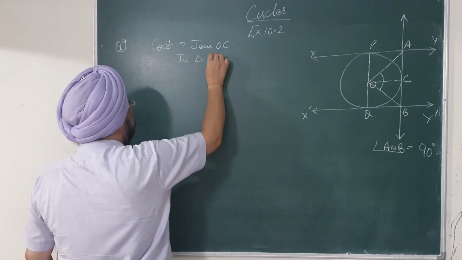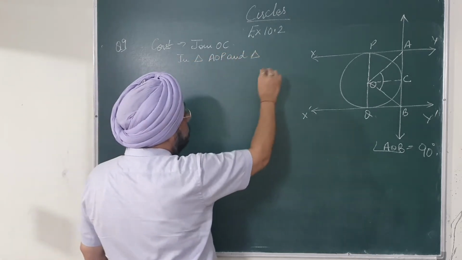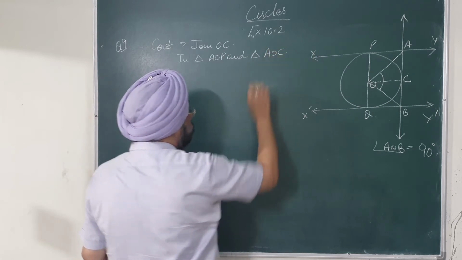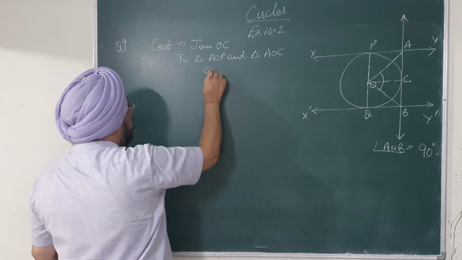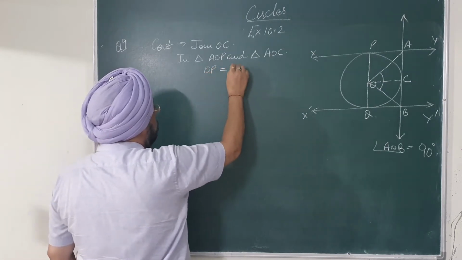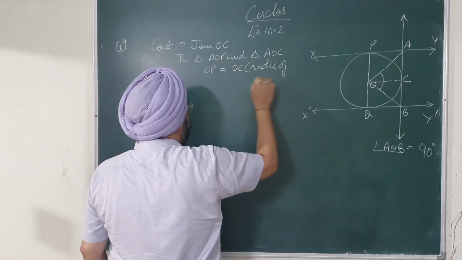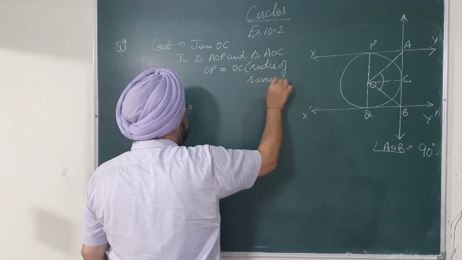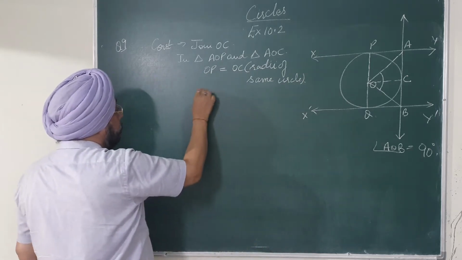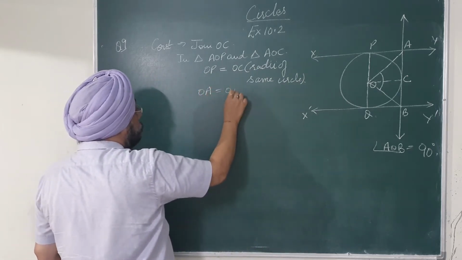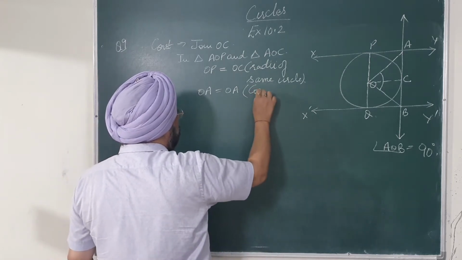Let us consider two triangles AOP and AOC. In triangle AOP and triangle AOC, let us see what three conditions are given to you. We can take OP is equal to OC, these are the radii of the same circle. Second, OA is equal to OA, that is common.